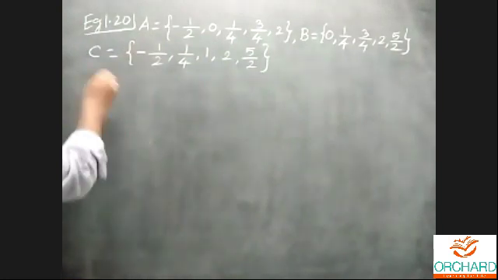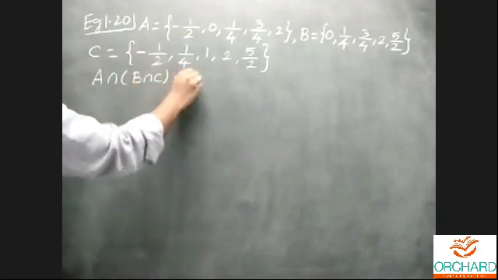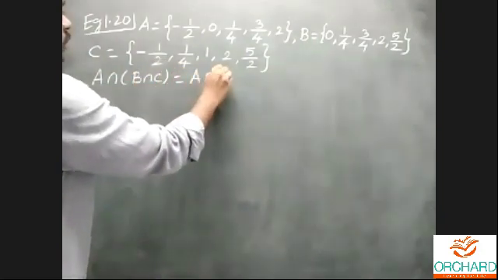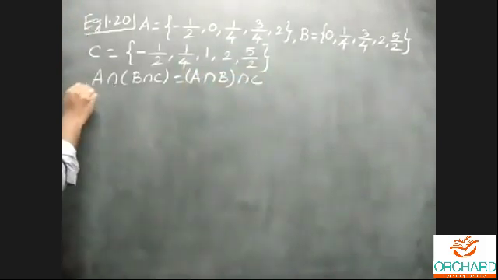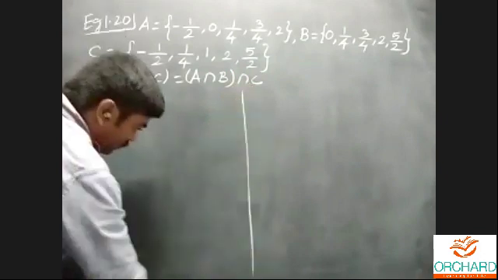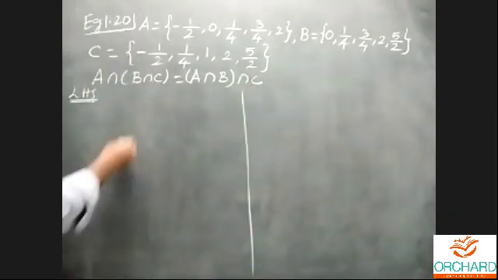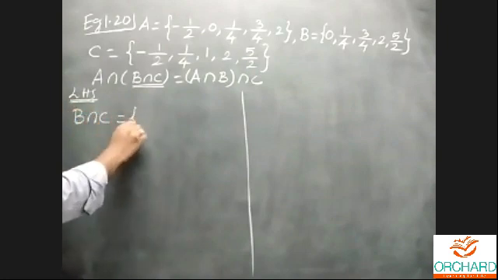So we want to verify A intersection B intersection C is equal to A intersection B intersection C. First we'll consider the left hand side. First bracket, B intersection C. I'll write the direct answer.